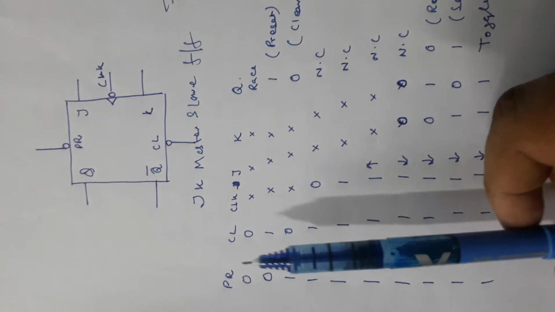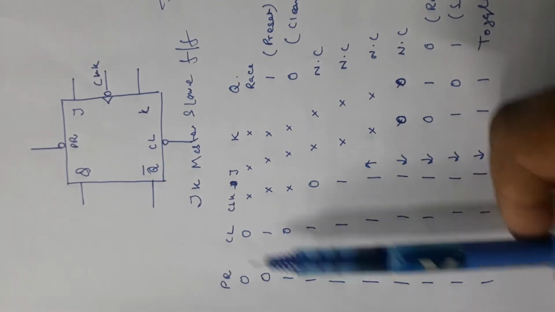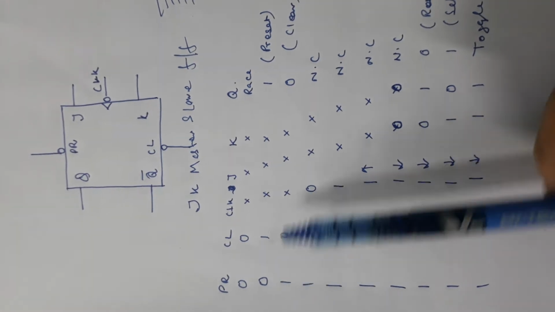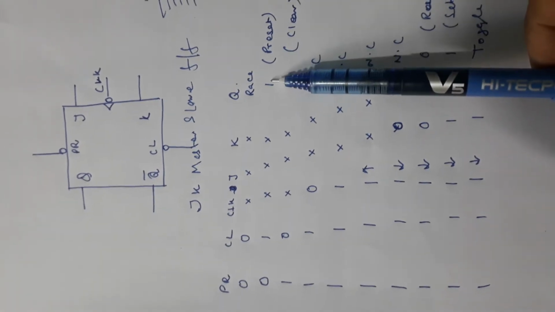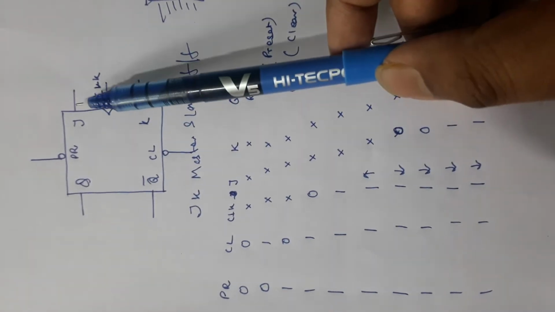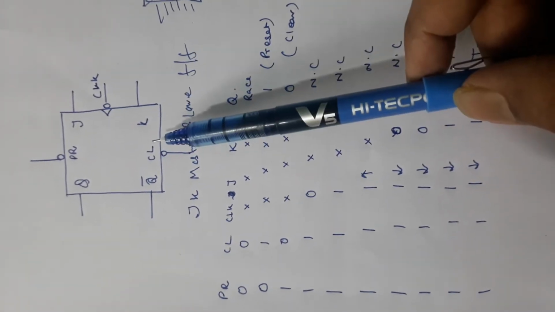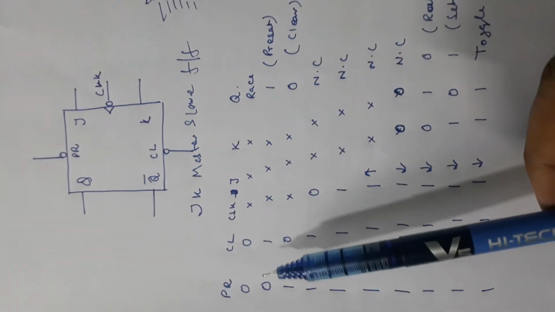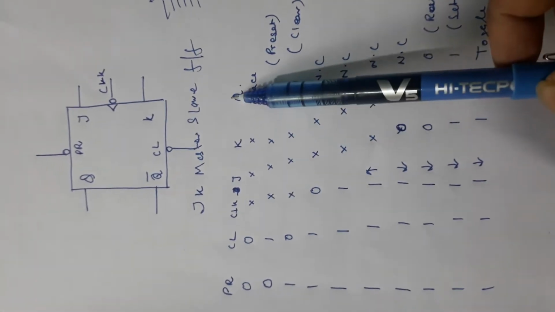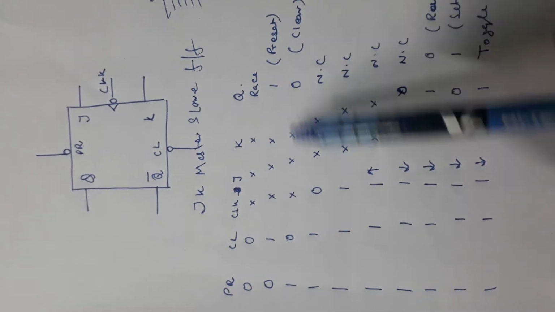Now what we had discussed is if we keep preset 0, then the output becomes 1 irrespective of the values of the other inputs. Understood? So if preset is 0, irrespective of the values of other inputs, the output will be 1.